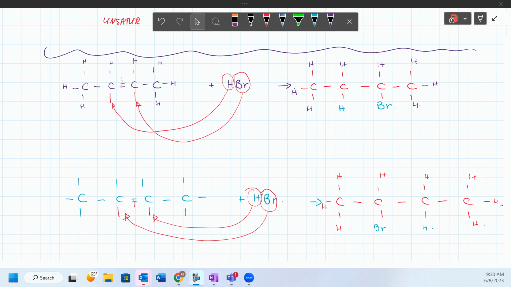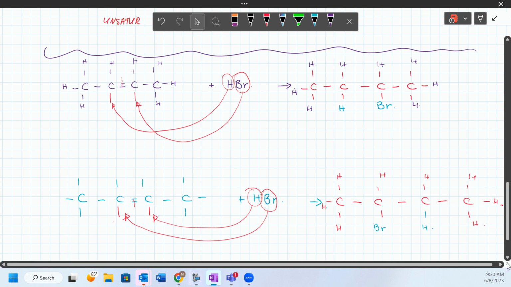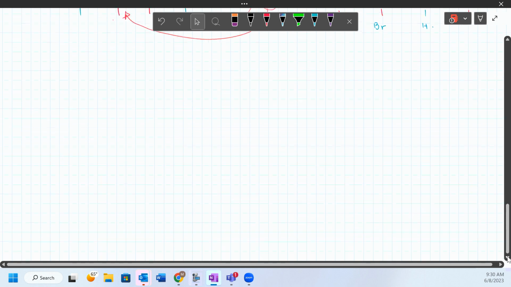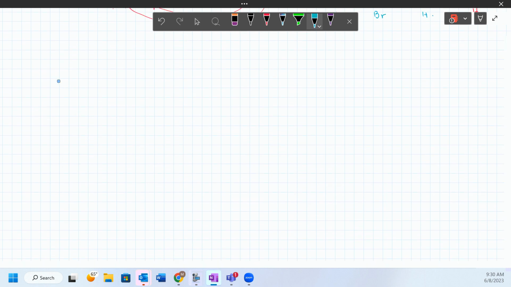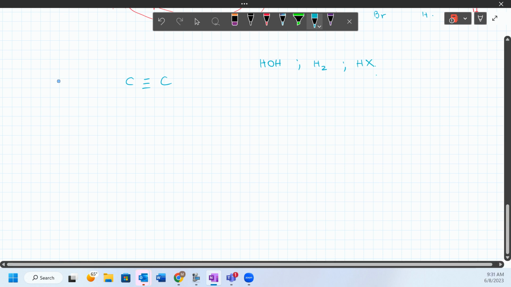So we explained when we have a double bond. What is happening when we have a triple bond? So between two carbons, we have a triple bond. Okay, good. Now, you have the opportunity to react with HOH, a halogen, or an HX where X is a halide.